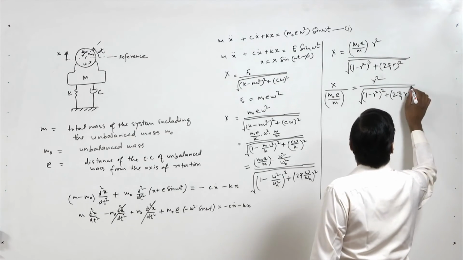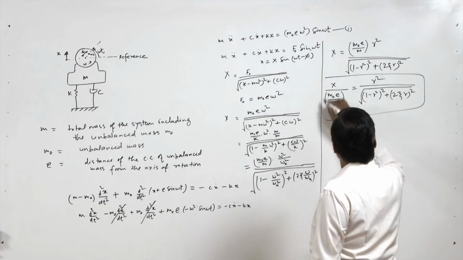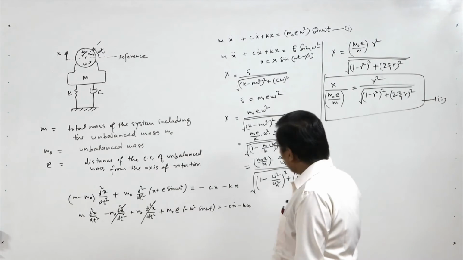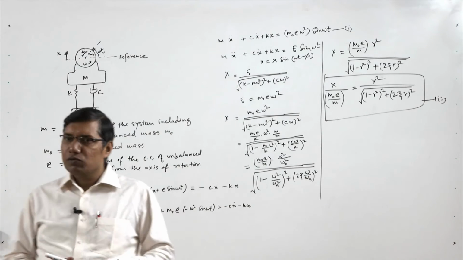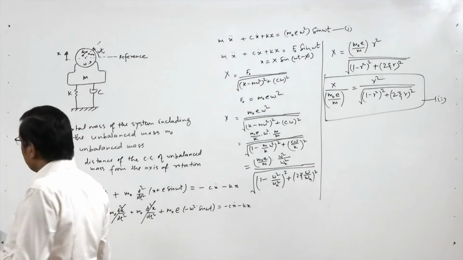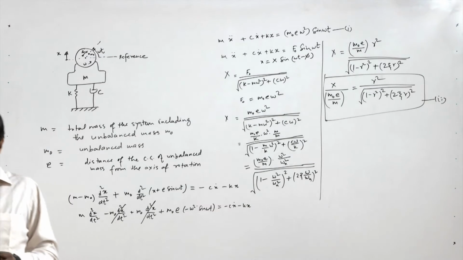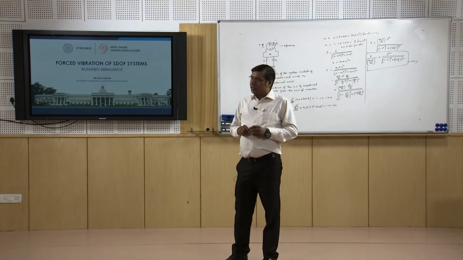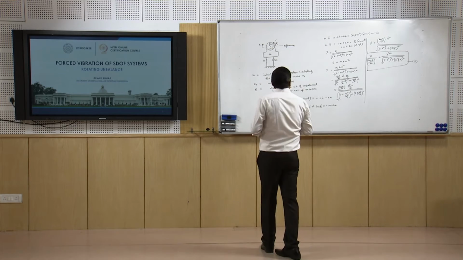So this equation, let us say equation 2, gives the amplitude of the vibration of the system due to the unbalanced mass.